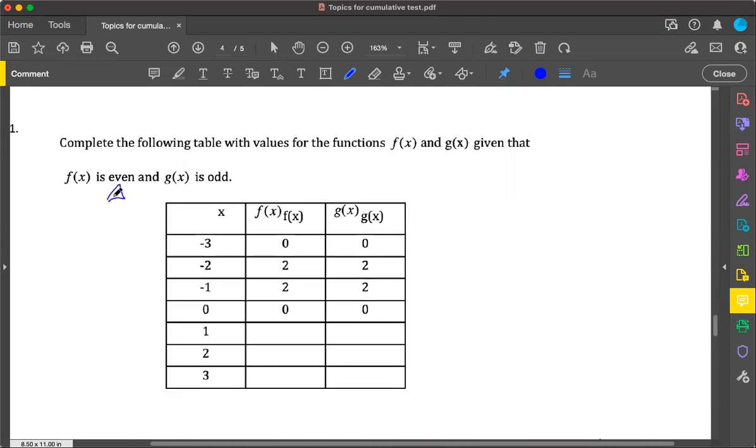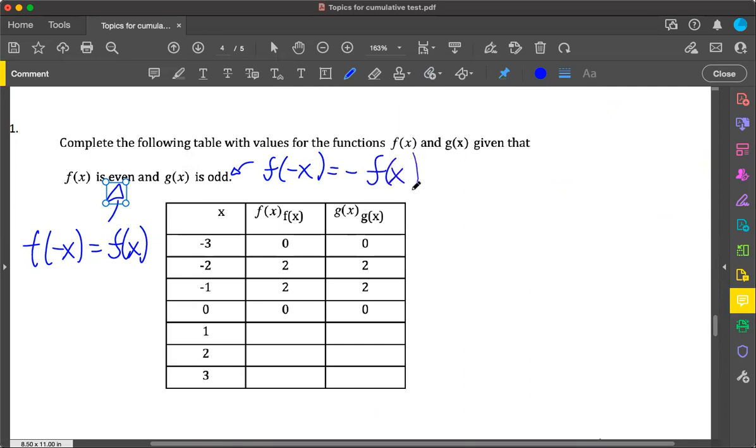Recall that if you have an even function, f of negative x gives the same output as it would if the input were positive, whereas if it's odd, f of negative x equals the negative of the function outcome.